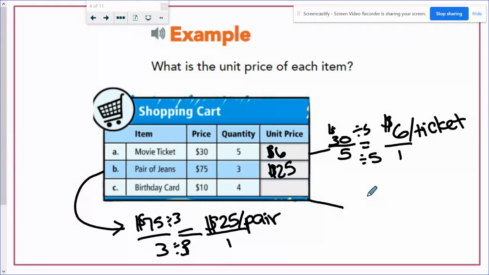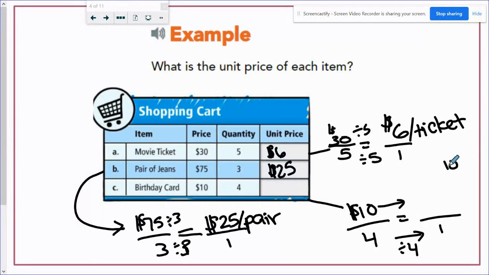And last but not least, for our birthday cards, if I have $10 for 4 birthday cards and I want to know the price per card, we're going to divide by 4. 10 divided by 4 is not going to be a nice pretty whole number, but that's fine. 4 does not go into 1, but it goes into 10 twice. 4 times 2 is 8. Subtract, you get 2.